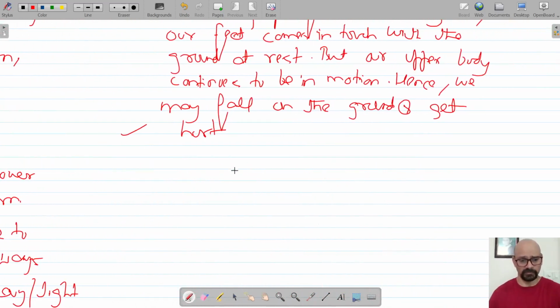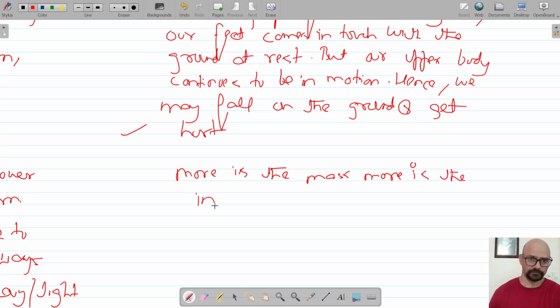So heavier objects, the more the mass, the more the inertia. So heavy objects have more inertia than lighter objects. So we can say that the more the mass, the more the inertia.